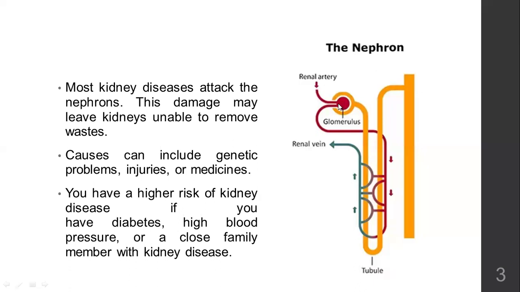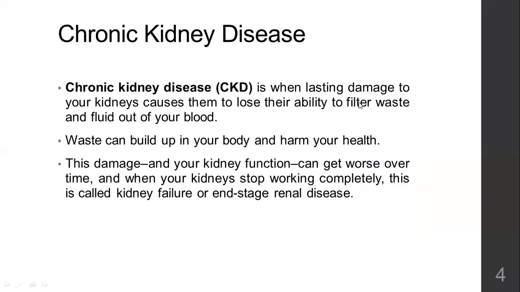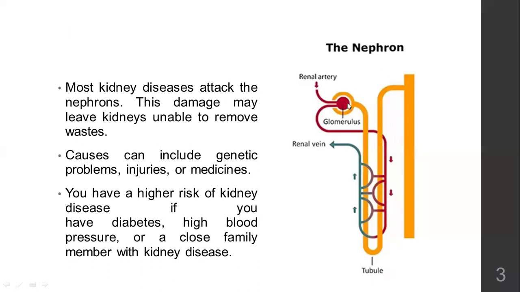All the waste materials will be filtered out from the Bowman's capsule and collected in these yellow tubes, and it will go and form the ureter, and it will form the urine.